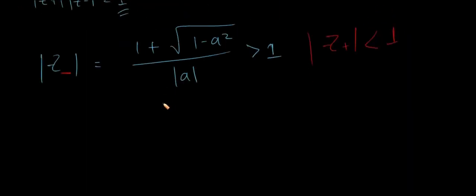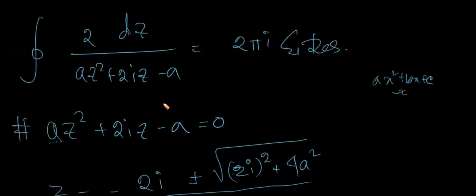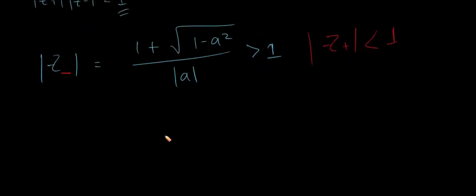So now what we're going to do is that we're just going to use the residue theorem, and we can write this in a more organized manner. This 2z divided by this whole polynomial stuff. So let me write that down.